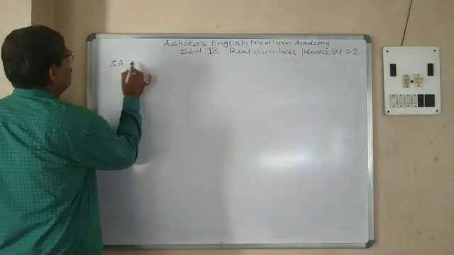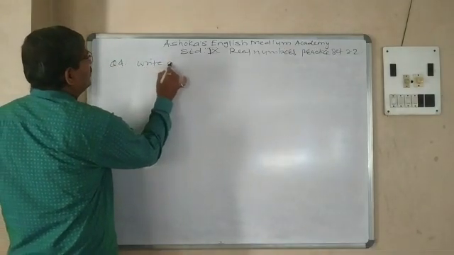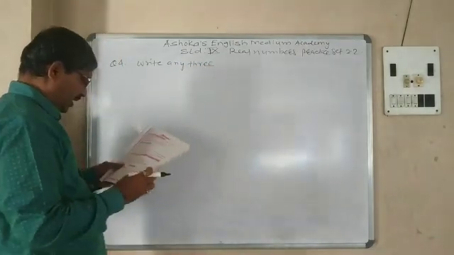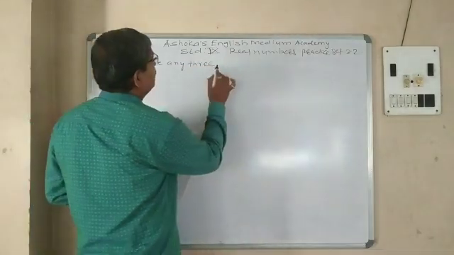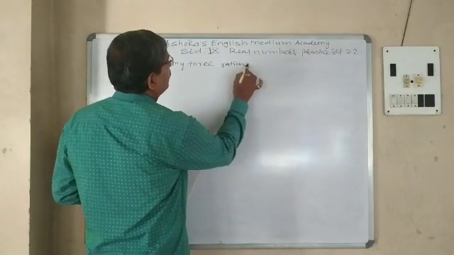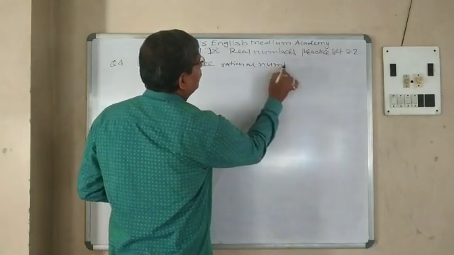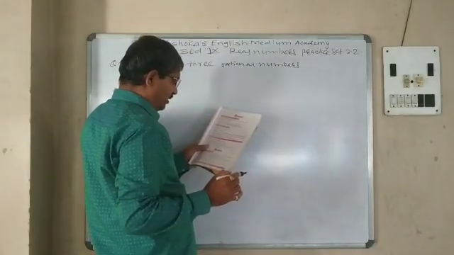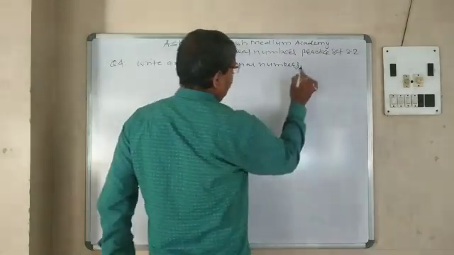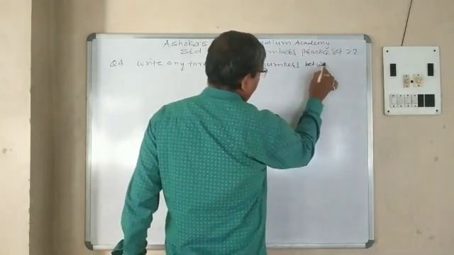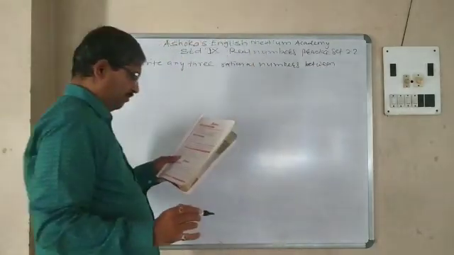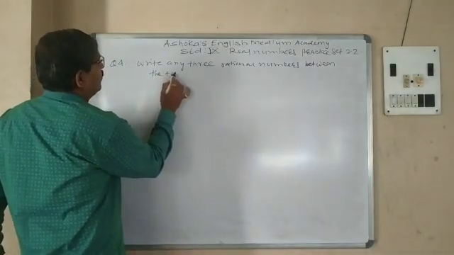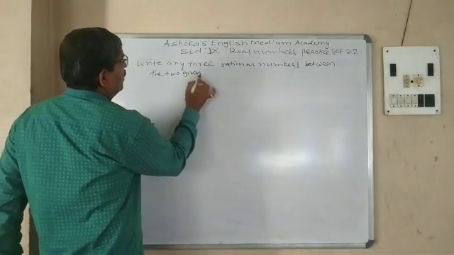Question number 4, write any three rational numbers between the two given numbers.